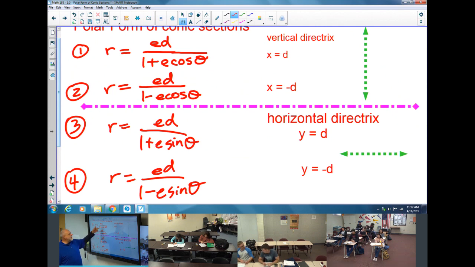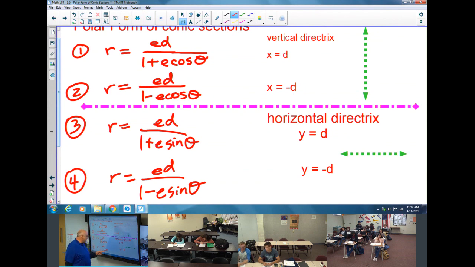Again, E is the eccentricity. What's the difference? If you have a cosine down here, that makes your directrix vertical.